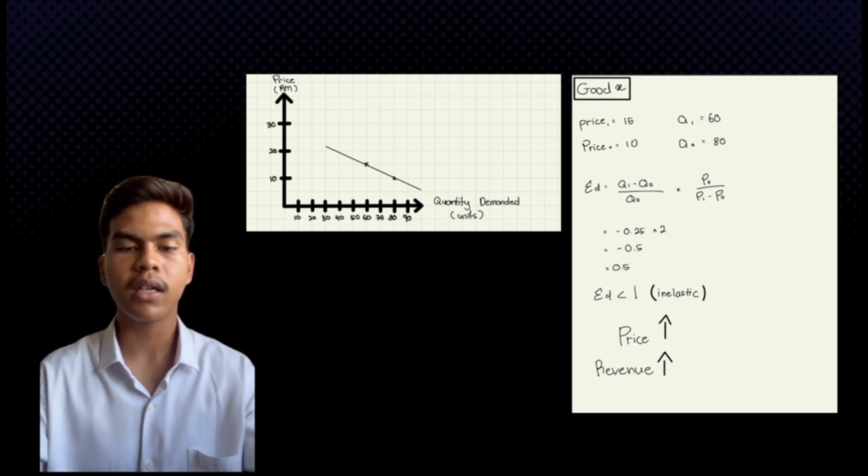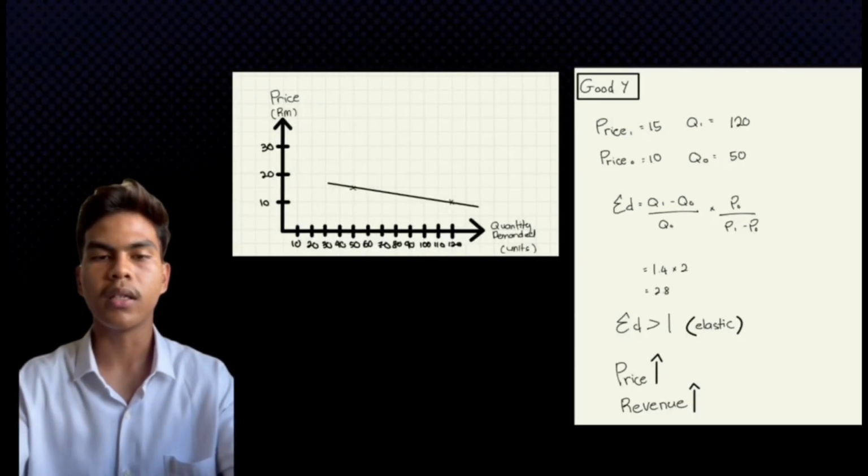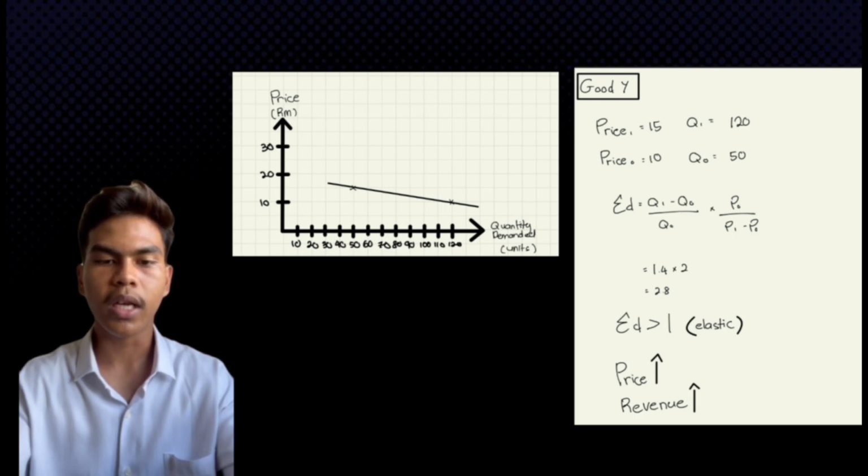The answer is 0.5. The elasticity of demand is below 1, which is inelastic. When inelastic, when the price increases, the revenue also increases. For Good Y, using the method we used before, we will get 1.4 multiplied by 2, which is 2.8. 2.8 is more than 1, which is elastic. When the price is increased, the revenue is decreased, and when the price is decreased, the revenue is increased.